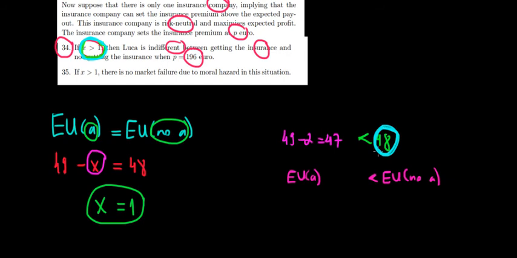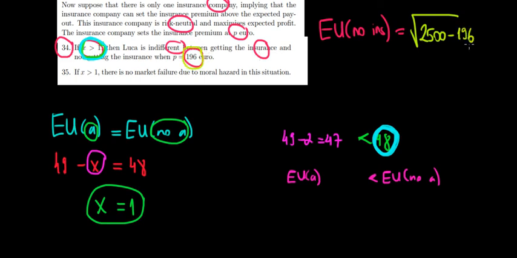If we do not use an insurance and X is greater than 1, then our expected utility would be equal to 48. And we have to compare this with the expected utility of buying an insurance when the premium is equal to 196 euros. So let's compare that. The expected utility of having insurance would be equal to the square root of the income, which is 2500 euros, minus the premium of the insurance. The question is whether the insurance costs 196 euros.